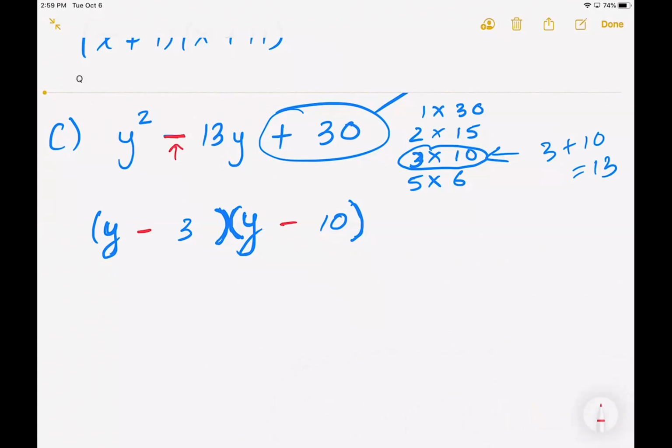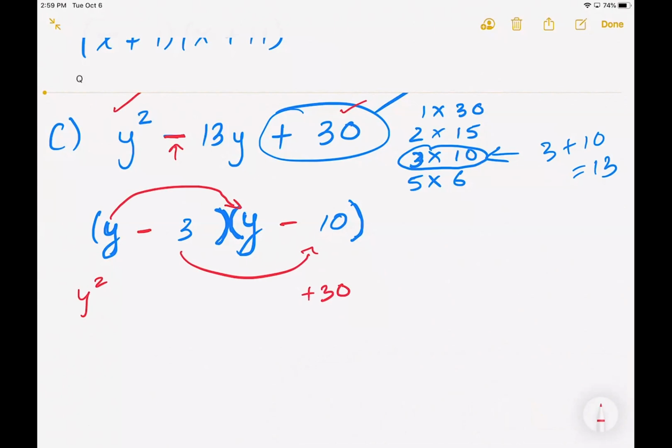If you look at this, y times y is y squared, right? Negative 3 times negative 10 will give you a positive 30. So everybody sees that the first item and the last item check out, right?